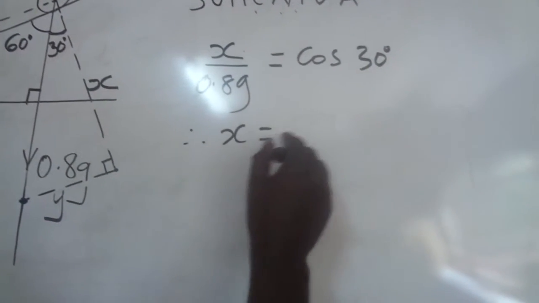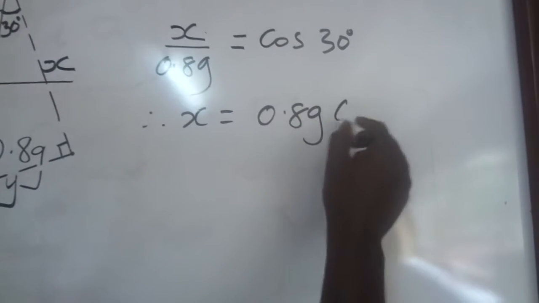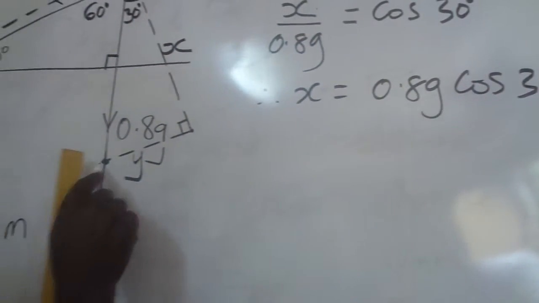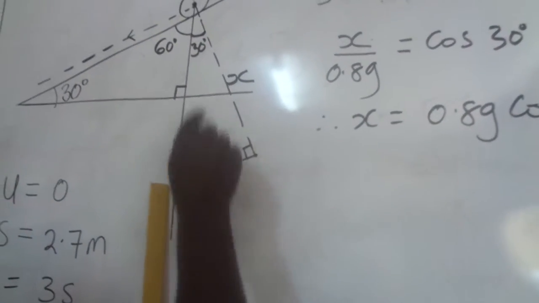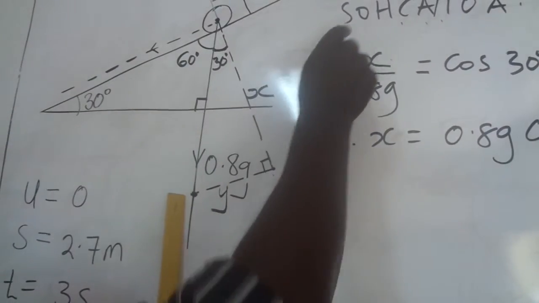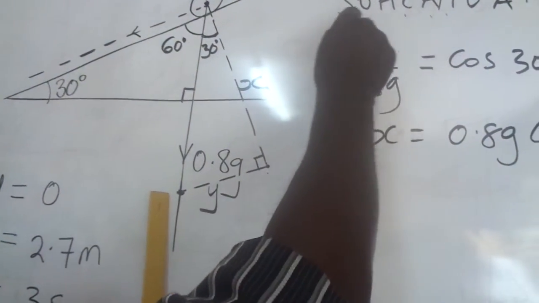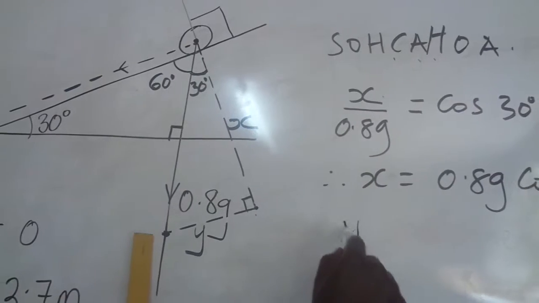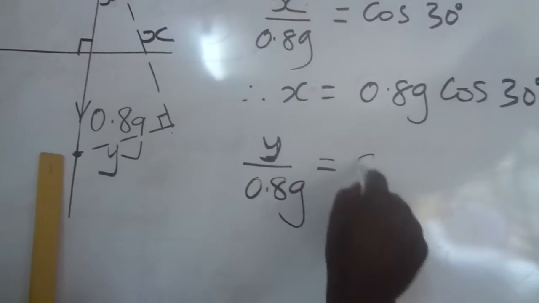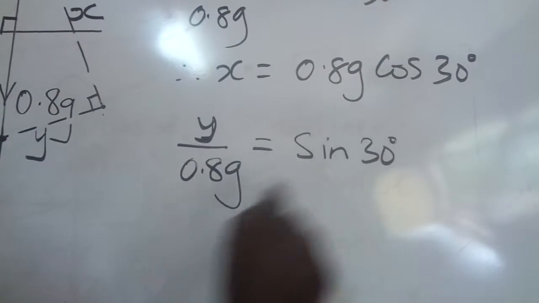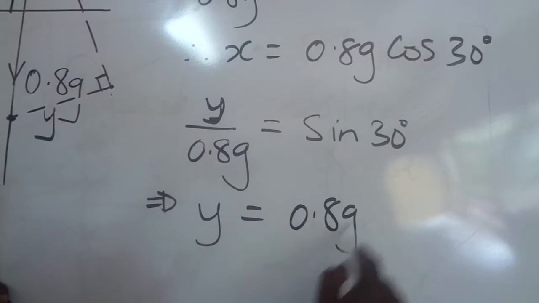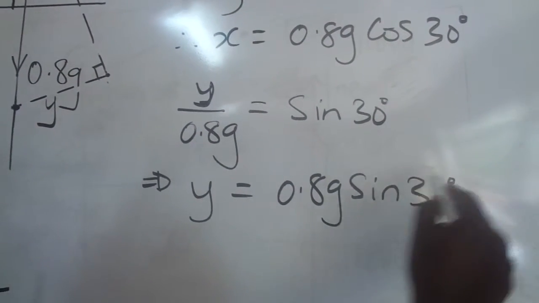Similarly, y is opposite to the angle 30, and opposite divided by hypotenuse gives sine, so y over 0.8g is sine of 30, which means y = 0.8g sin 30°.